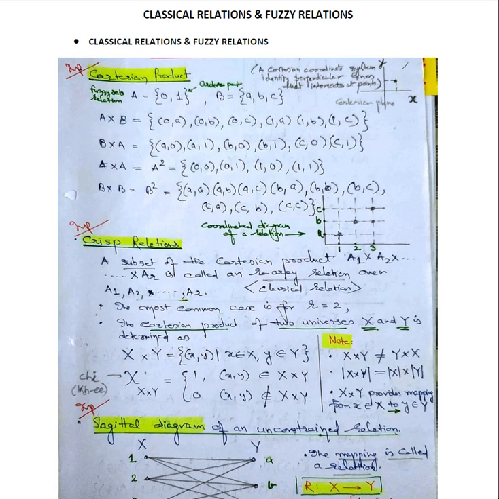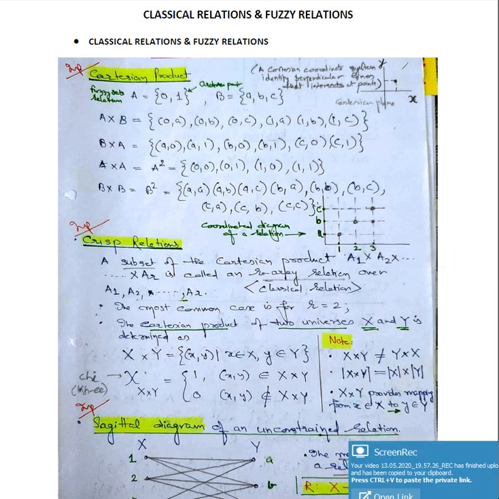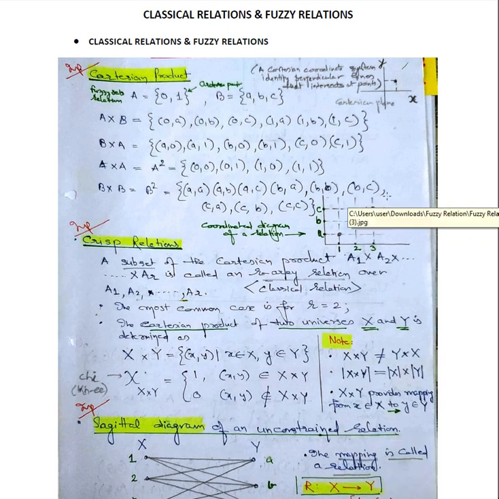So here we take on the x-axis 3 elements 1, 2, 3, and on the y-axis the elements a, b, c, and we show the coordinate diagram with respect to the relationship, the intersect points 1 and a, 2 and b, 3 and c, and we get something like linear points.